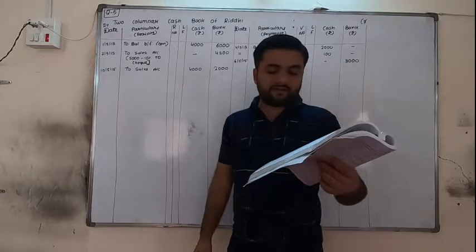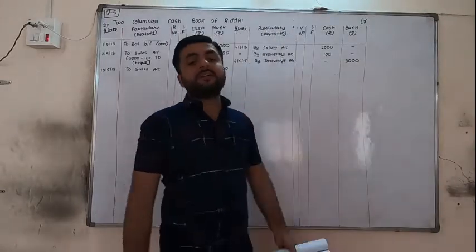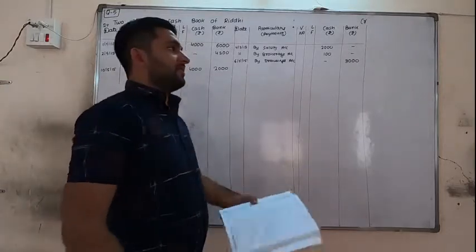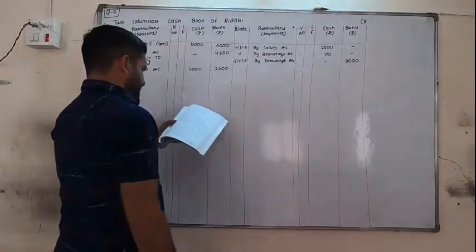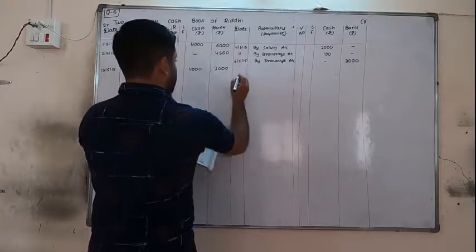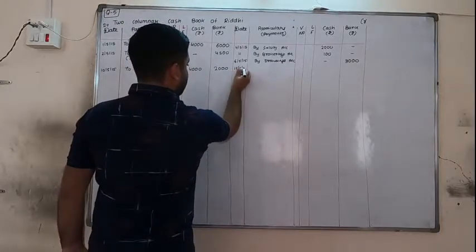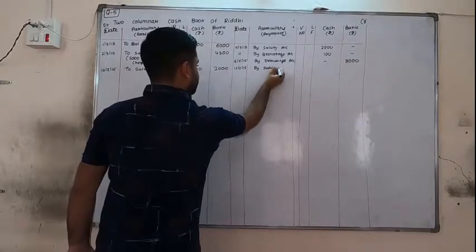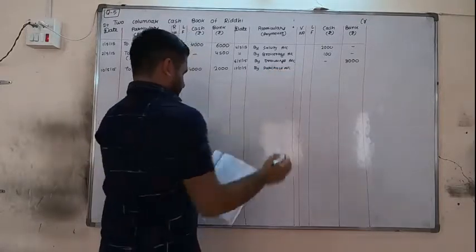Goods of 5,000 purchased and the amount is paid by check. Now we are purchasing the goods, so cash or bank is going out, bank is the giver. So on the credit side, 12/5/15 By purchase account.